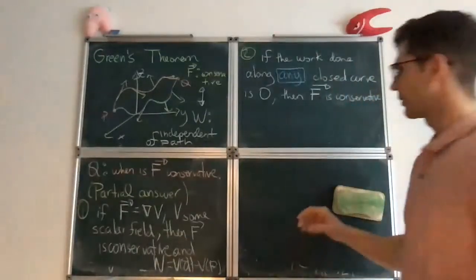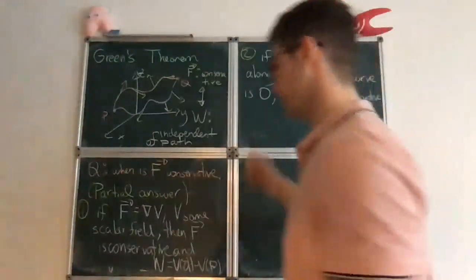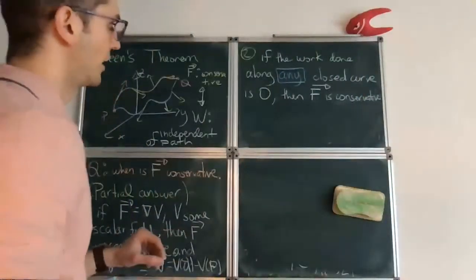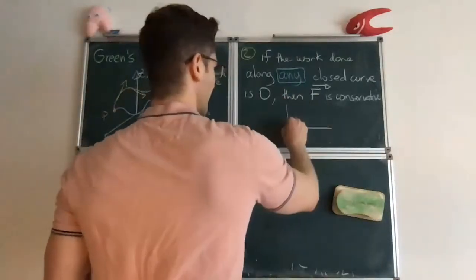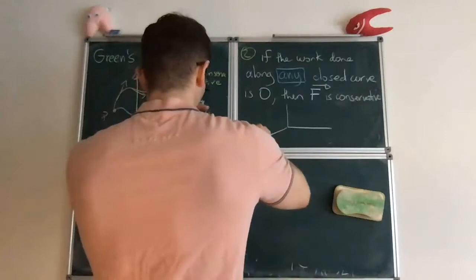So let's think about what this statement means for a second. What I'm saying is imagine that you have a curve, what's sometimes also called a closed loop.